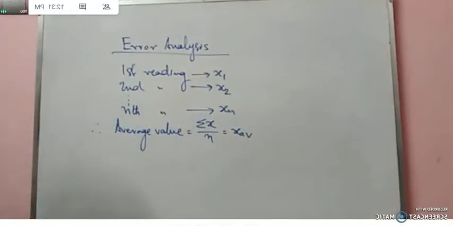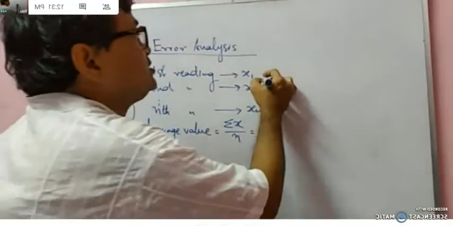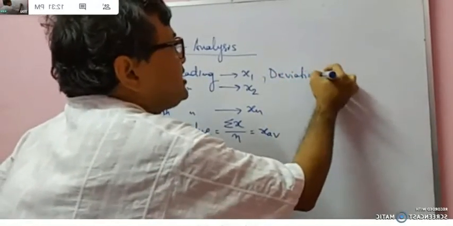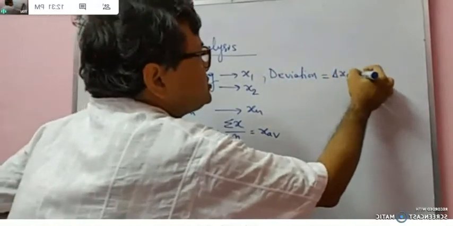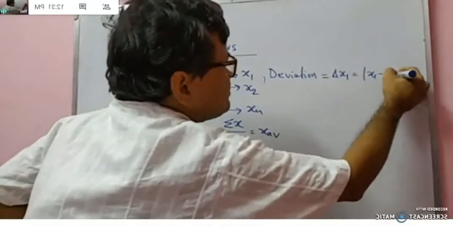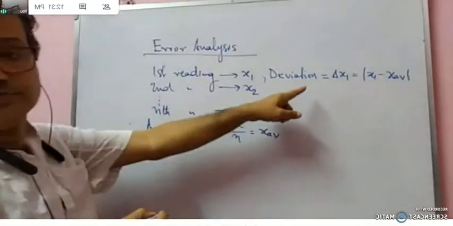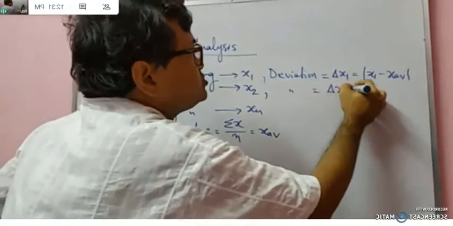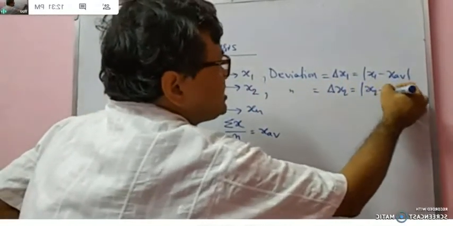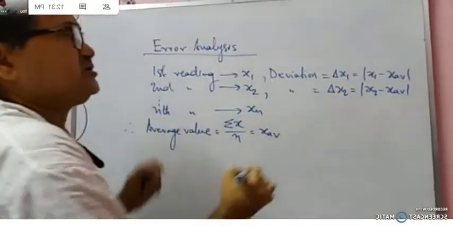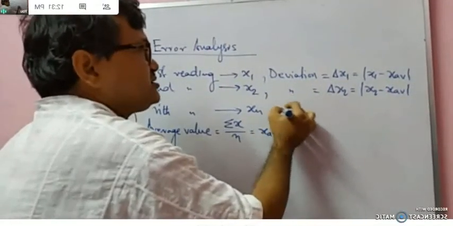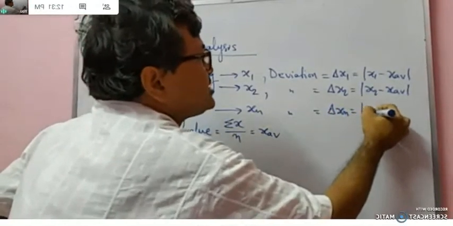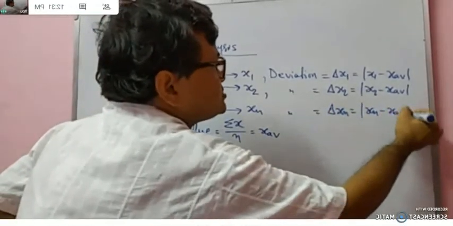So just see, therefore, in the first case, take the deviation as delta x1 is x1 minus x average, mod value of that. Second case, the deviation is delta x2, that is x2 minus x average. Similar way, nth case, delta xn equal to xn minus x average.